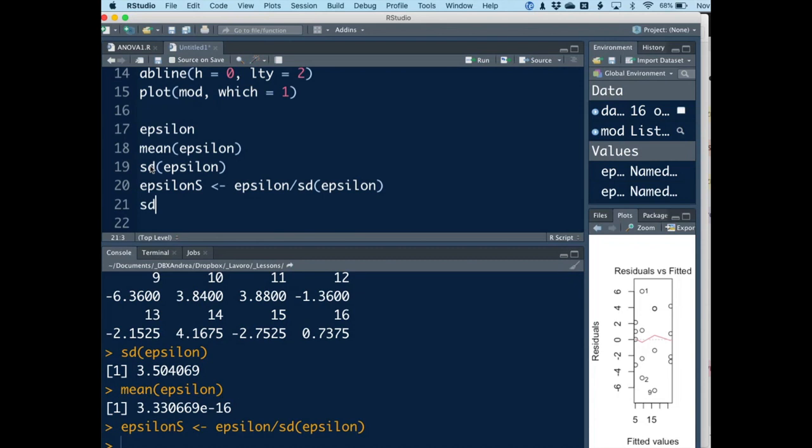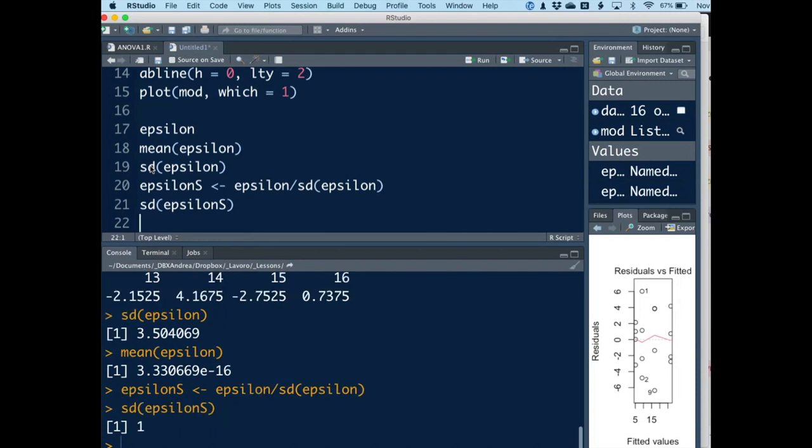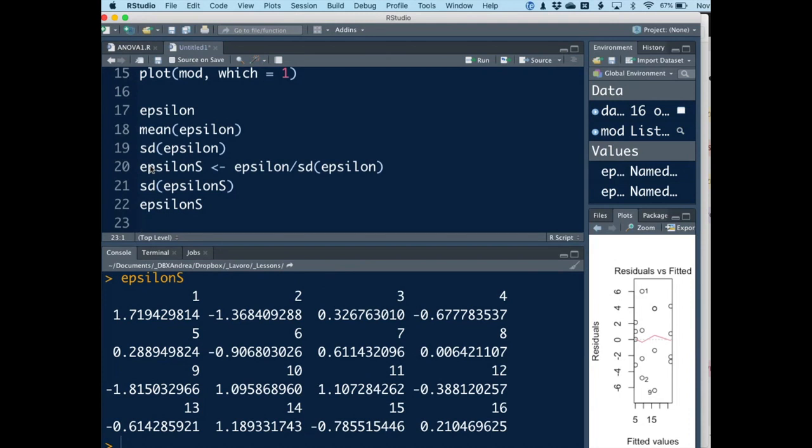Look, the standard deviation of standardized residuals is, how much is it? Any idea? It is 1. Of course, the standard deviation is equal to the original standard deviation divided by the constant, in this case the standard deviation, so it's 1. So the standardized residuals should be sampled from a standardized Gaussian distribution.